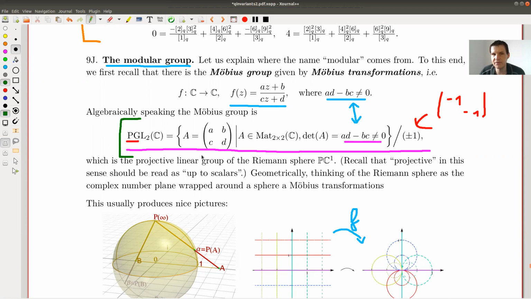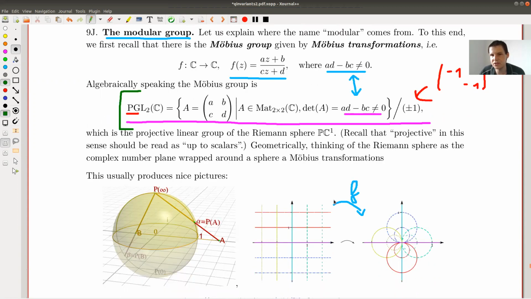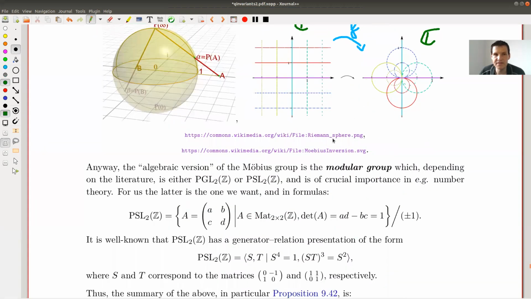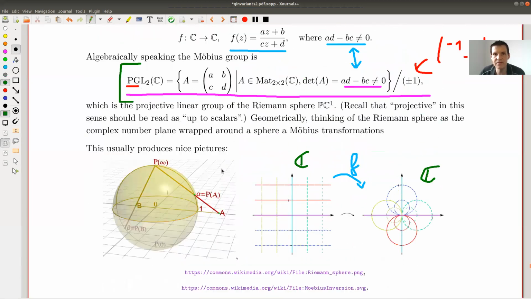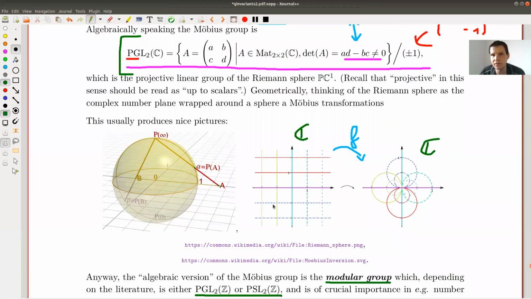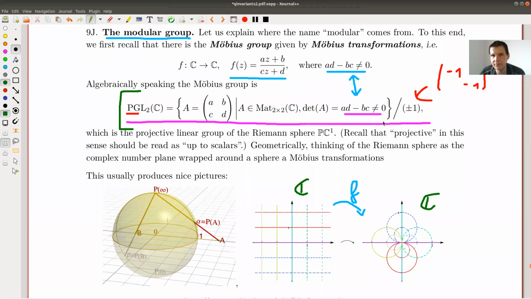So you can express Mobius transformations in terms of functions of the complex numbers. So here is C, it's another C. Or you can express Mobius transformations in the language I understand much easier, namely just matrices with a certain condition. And this thing here is called the modular group, which, depending on the literature, is either the one I showed you above, or the SL2 version of it, where you just would say this is equal to 1, but you can kind of normalize it.